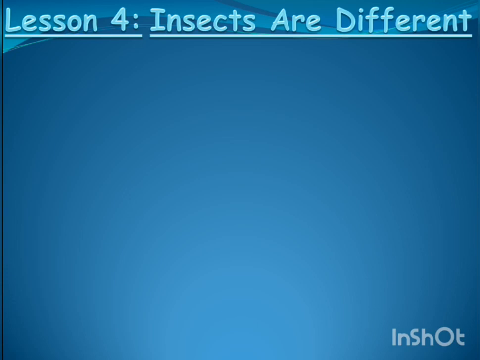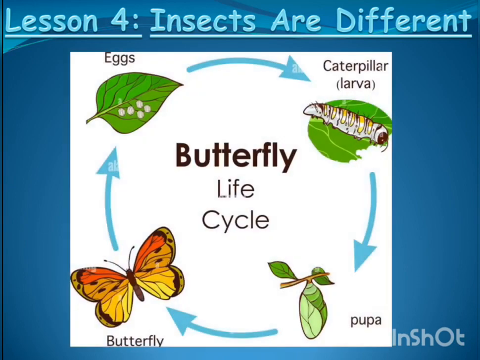Okay, so first let's see the life cycle of a butterfly. If you see, children, you have eggs, and from the eggs you will get larva, that is the caterpillar, we say. After that this larva turns into pupa by eating lots of leaves.